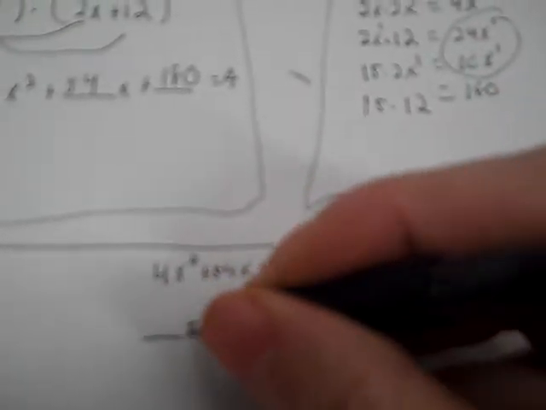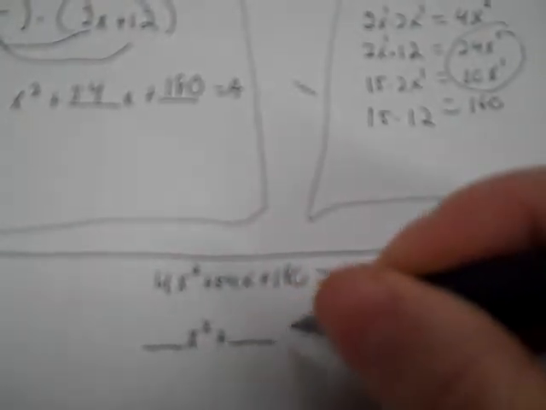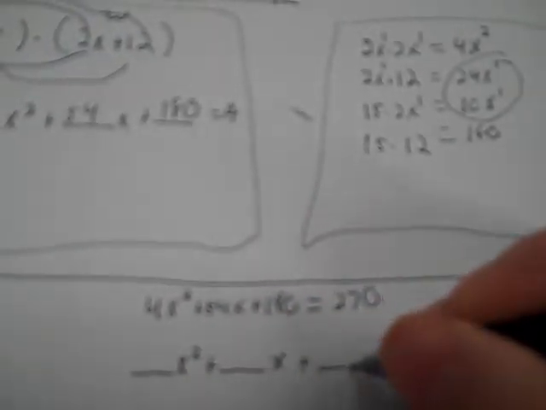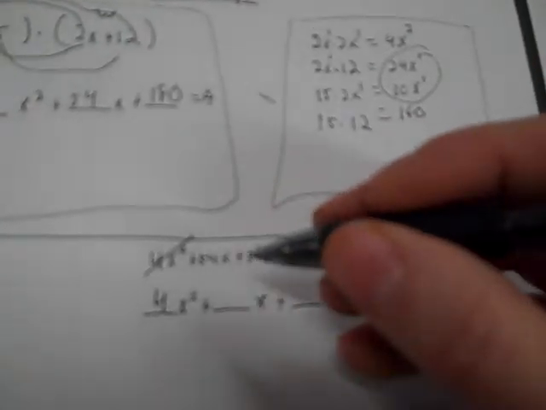So again, when you solve that, you want to know how many answers the equation has. It's 2. Now you have to have this set equal to 0, and right now it's not. So I need to set this myself. I've got blank x squared plus blank x plus blank equals 0. What do you have for x squared? You have 4. What do you have for x? You've got 54.